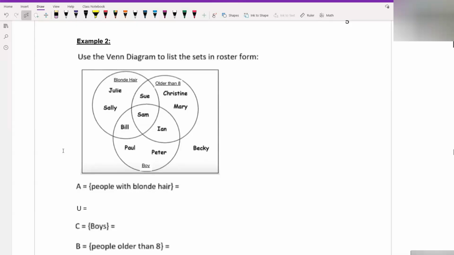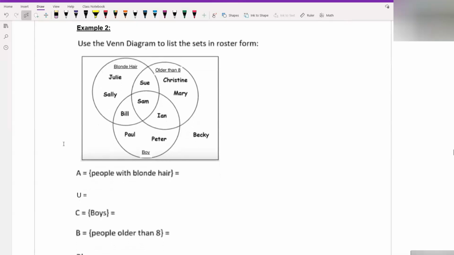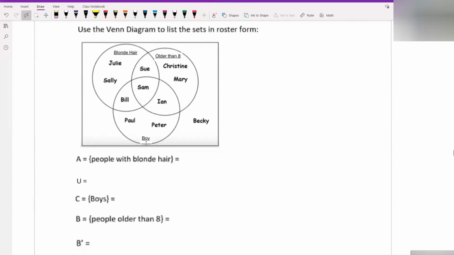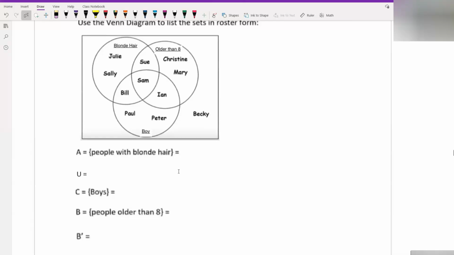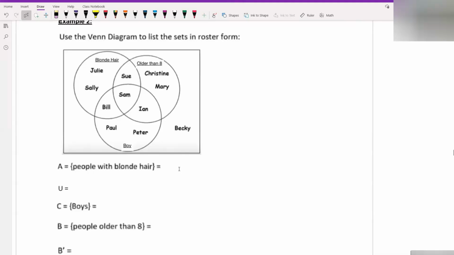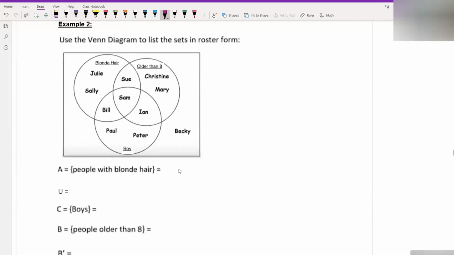So the three sets are blonde hair, older than 8, and the third circle is for boys, names for boys. The first one is asking to find set A, which is for people with blonde hair. So this one is A.